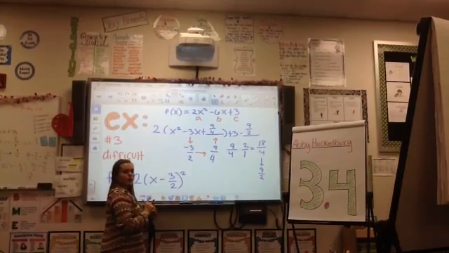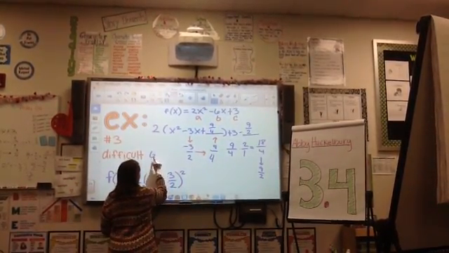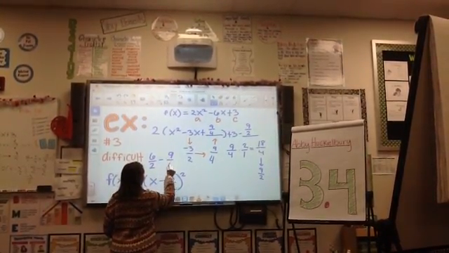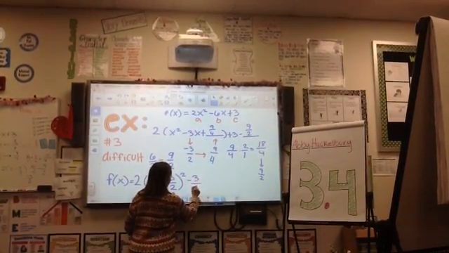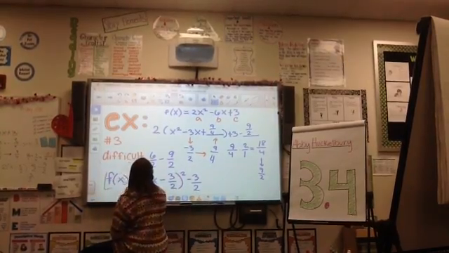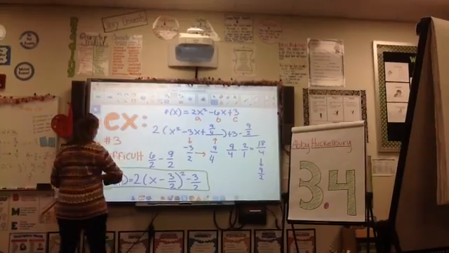Because it's easier to combine when we have a like denominator, we're going to change 3 to 6 over 2. Which leaves us with negative 3 halves. And that gives you your completed vertex form.